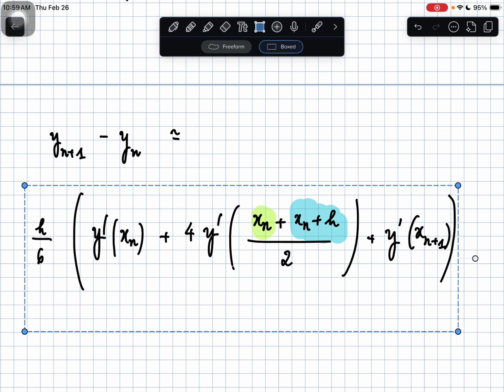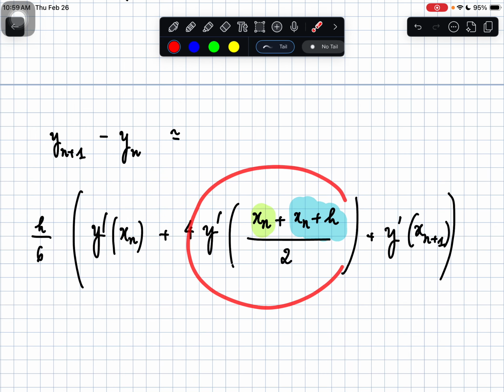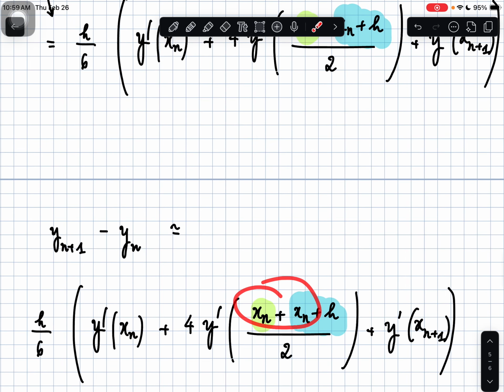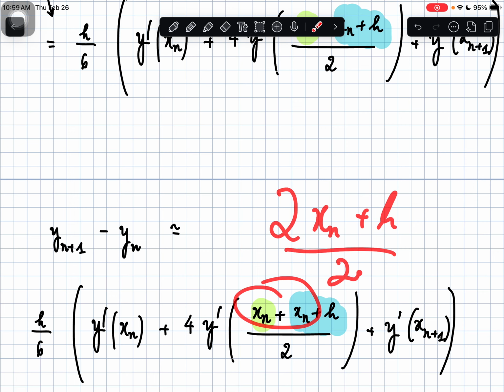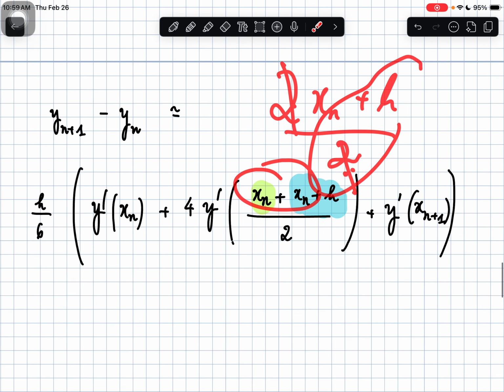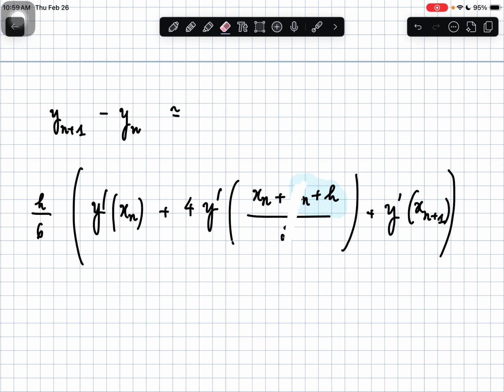Now we try to split the middle term further. Look at the middle term, xn plus xn plus h divided by 2. So the 2 cancels out, xn plus h over 2, so y prime at xn plus h over 2. So this is the second term.